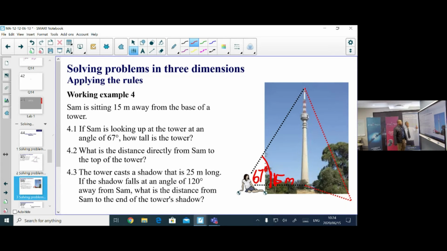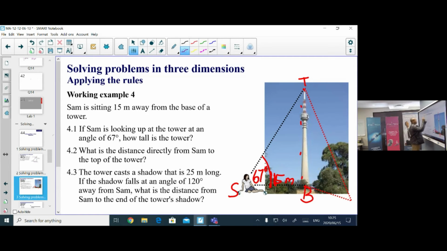So in this particular case, we are looking for this whole distance from here. If this is maybe the top, and then this is the base of the tower, we are looking for that TB, that whole length of the tower. And as you can see, it's an opposite side to the angle given.